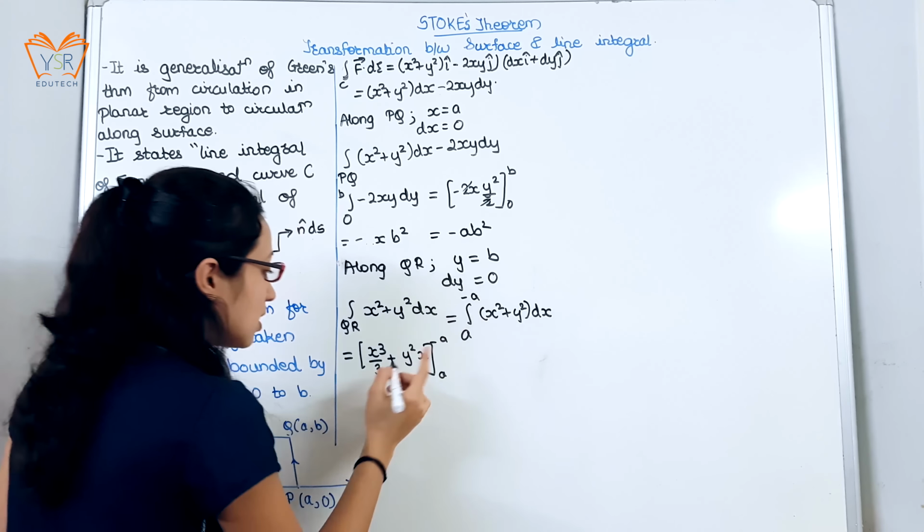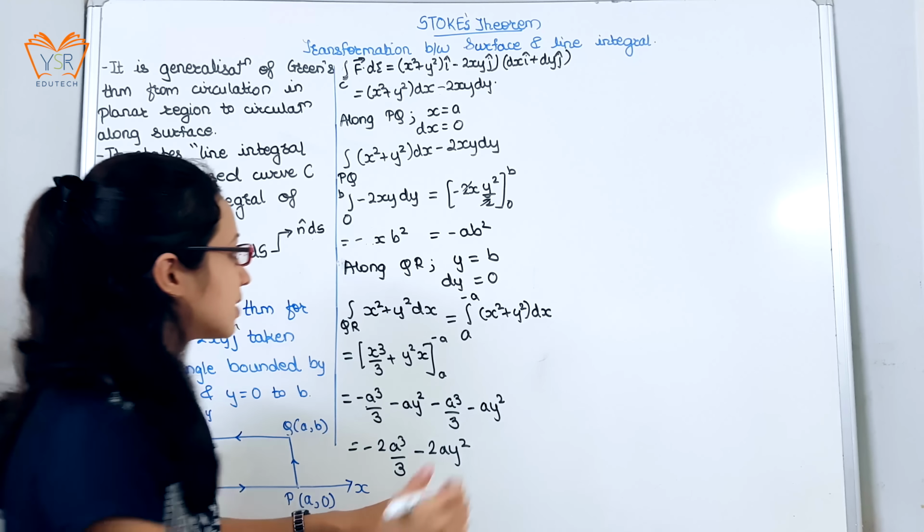Here we'll get minus 2a cube by 3 minus 2a y square. Okay, so along QR, this is the value of the line integral.